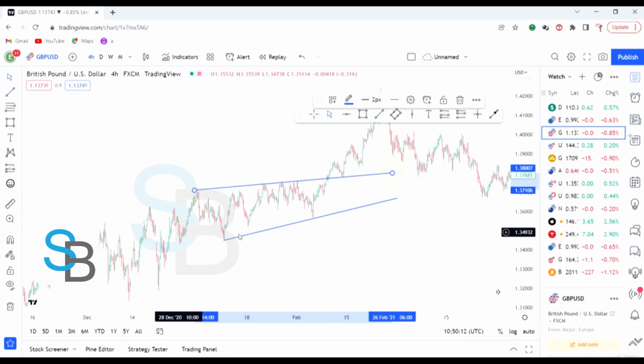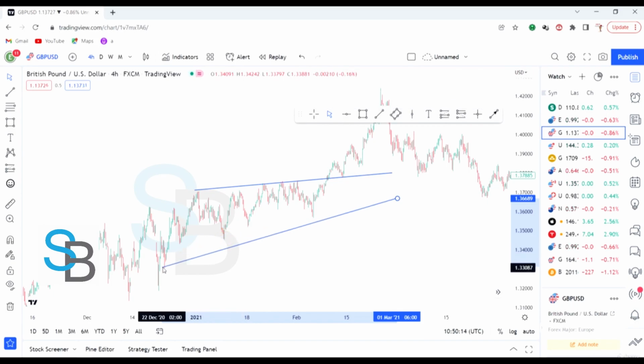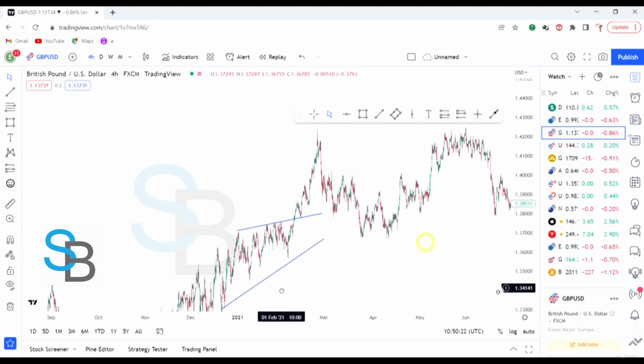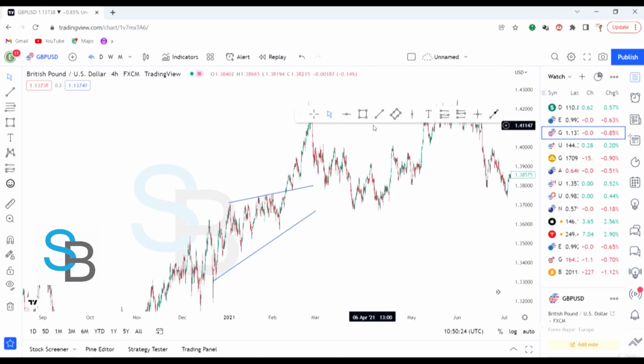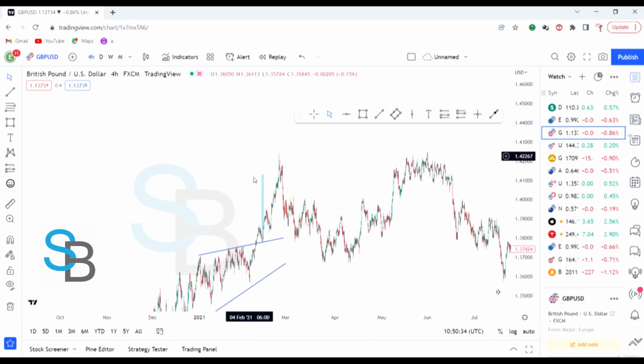So some could say this is a wedge also. So possibly, we could say this is a wedge. It came here, rising wedge again, then broke out, and we can see the profit it made from here to here is approximately the same as when it broke out. It broke out here, you buy here when it retests. Okay, so this is breakout trading.